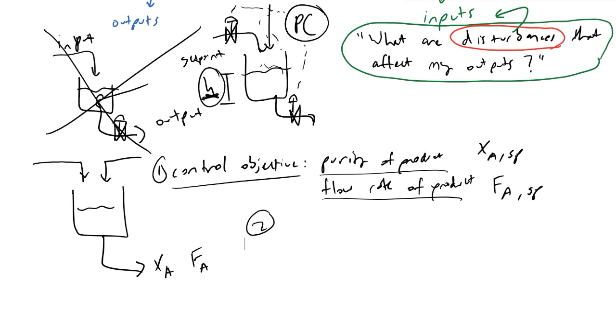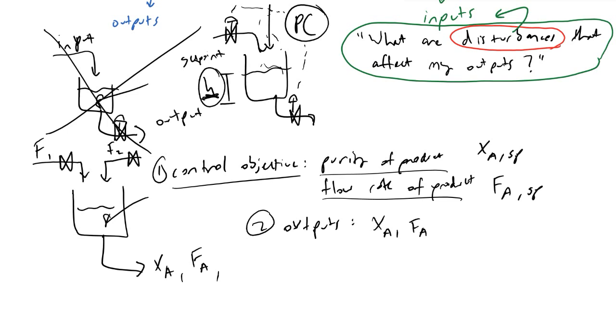And so in that case, now we would know the outputs of this process. And when I get excited, sometimes I have a hard time writing correctly. The outputs of this process in this case would be X sub A and F sub A. And we would have some kind of inlet flow rate F1, another inlet flow rate F2. We would have valves on these two streams.